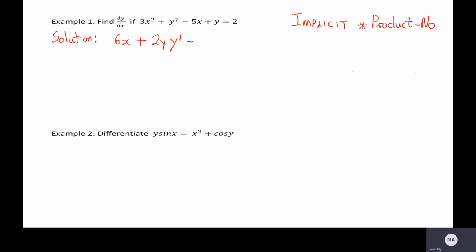Minus the derivative of 5x, minus 5, plus the derivative of y, y prime, that will be equal to the derivative of 2, which is 0.